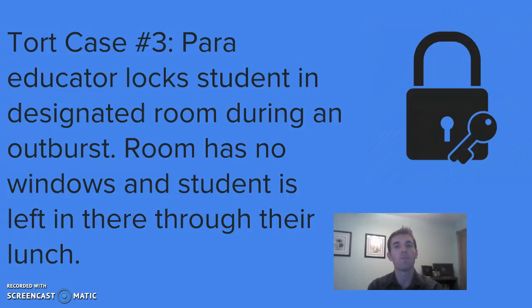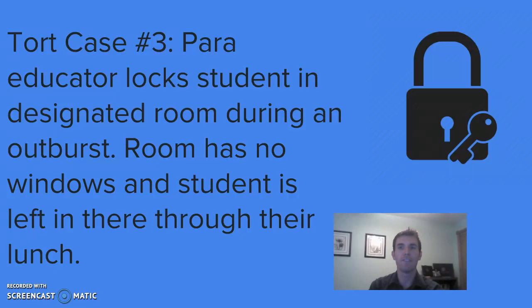And anytime you're dealing with a student that requires restraint, you need to make sure that people are properly trained in how to restrain students if they're being a danger to themselves or others. And then finally, the not allowing of food for the student is a big no-no as well, because you must always allow for a student a reasonable opportunity to have school lunch.